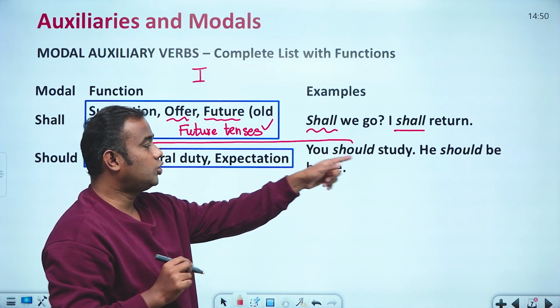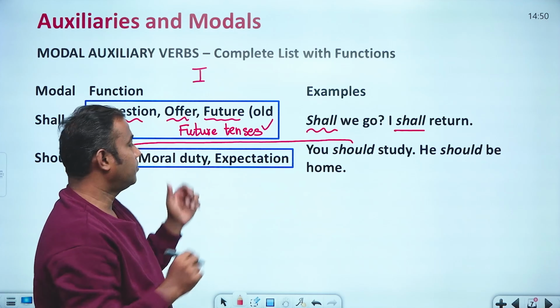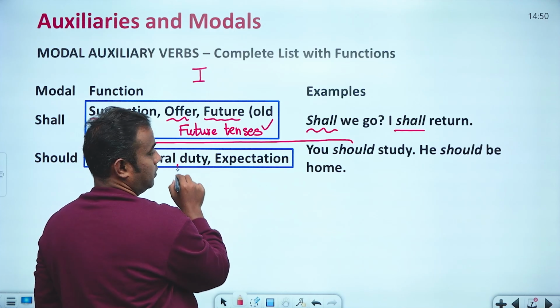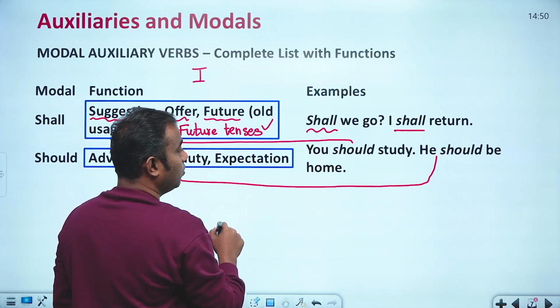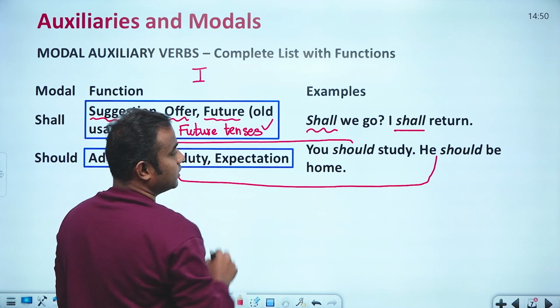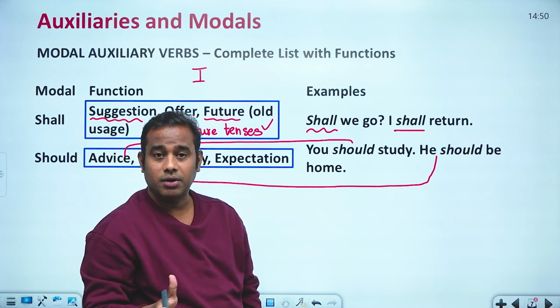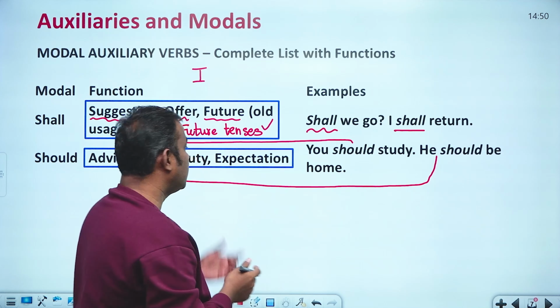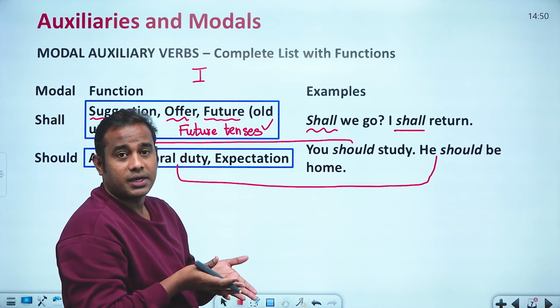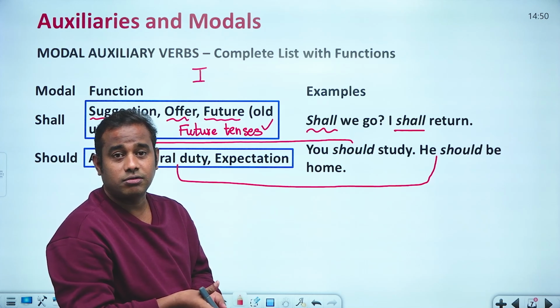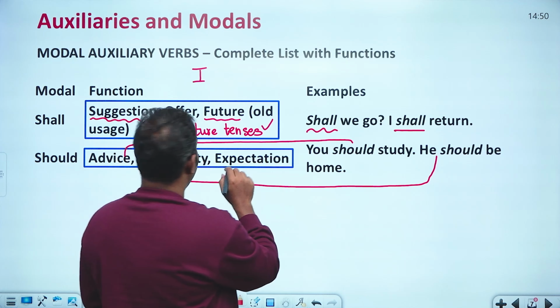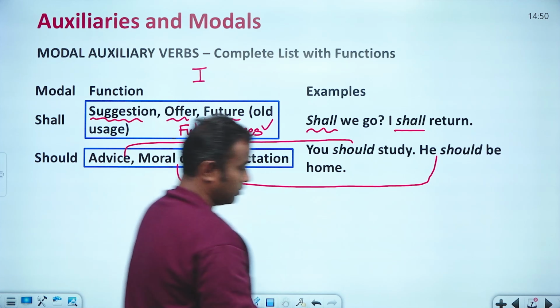He should be home is something like moral duty. Then we have another thing, that is expectation. He should have come by now. He should have deposited the amount in my bank account. Like this we can use should for advice, moral duty and expectations.